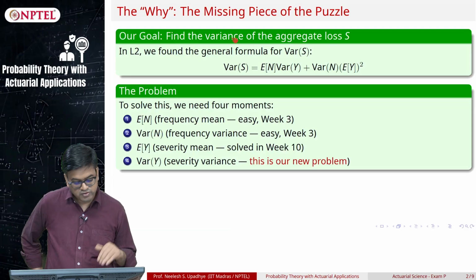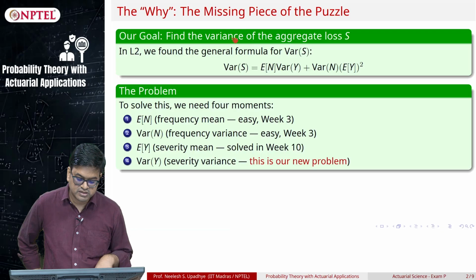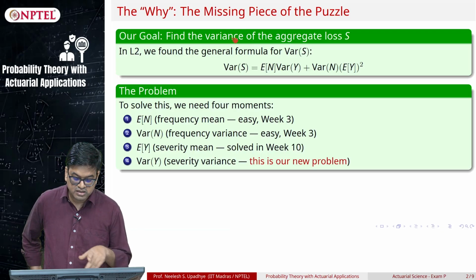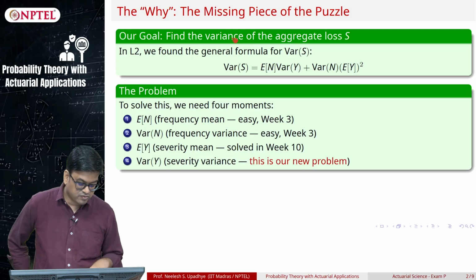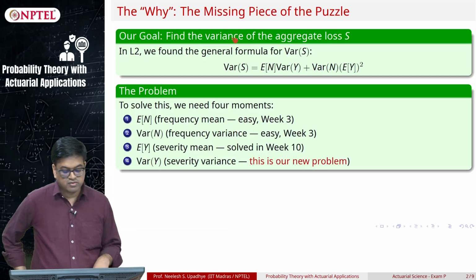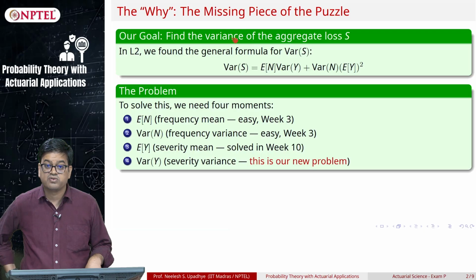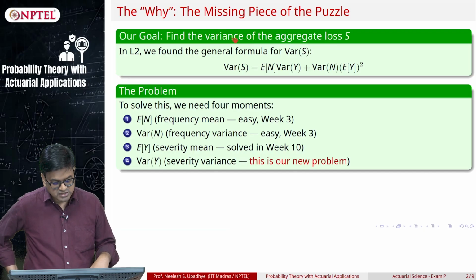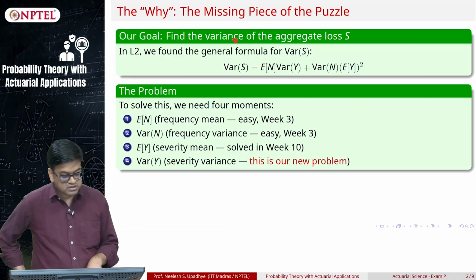Then we figured out the variance of N, the frequency variance, again easy, done in week 3. Then the next thing was the expected value of Y, the severity mean. We solved in week 10 how to find all those severities with deductibles, limits and layer policies.